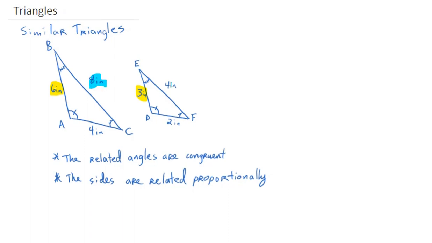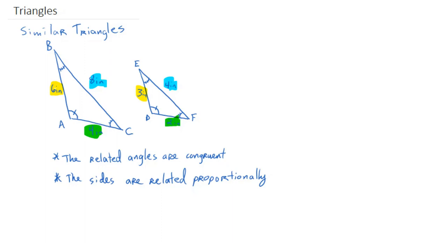So 8 and 4 relate by half, and 2 and 4 relate by half. If we had a pair of sides that related by half and another pair of sides that related by thirds, then that doesn't count. They have to be all related to each other by the same ratio.